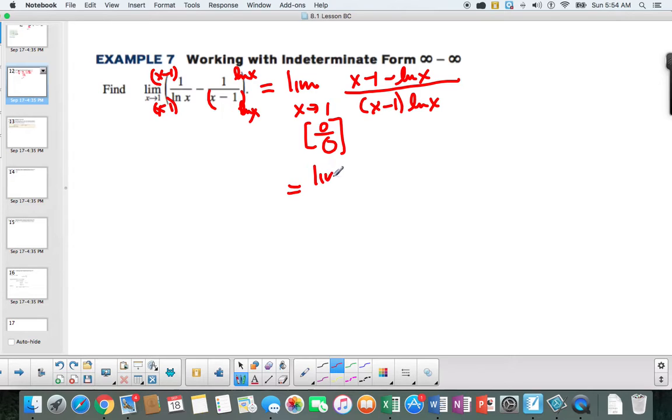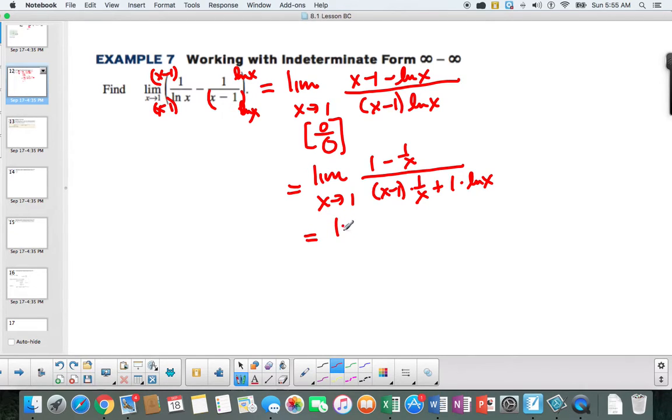All right, now we're going to take the derivative of the numerator and denominator. Now that's going to be a 1 minus 1 over x. And in here I have to use the product rule, so that'll be x minus 1 times 1 over x plus 1 times the natural log of x.